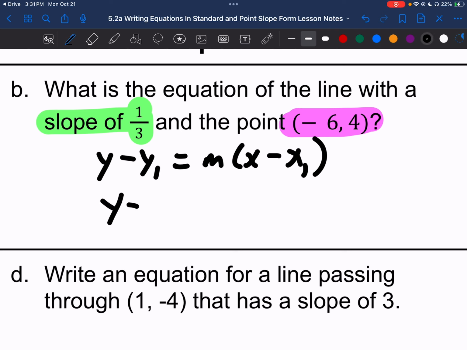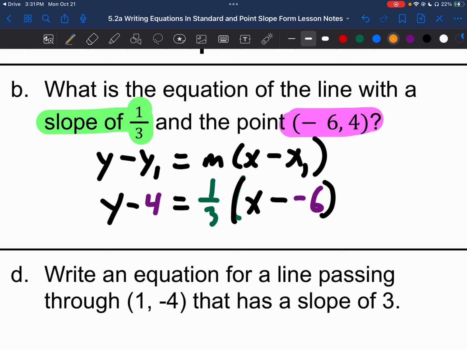We have y minus 4 is equal to my slope, 1/3, times x minus my x1 value, -6. So now to simplify this, we need to just rewrite it as y minus 4 is equal to 1/3 times x plus 6.